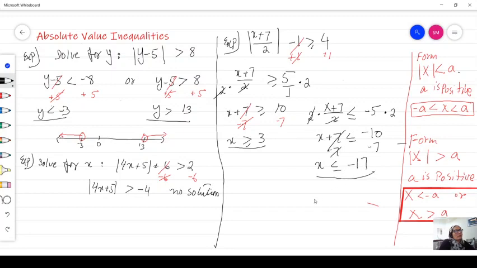So I got that answer too. If I get 2 answers, then I will make sure to plug them back in the original and check if that would work. But the solutions are x greater or equal 3 or x less equal -17, and they are okay. So that's how you're gonna do it.